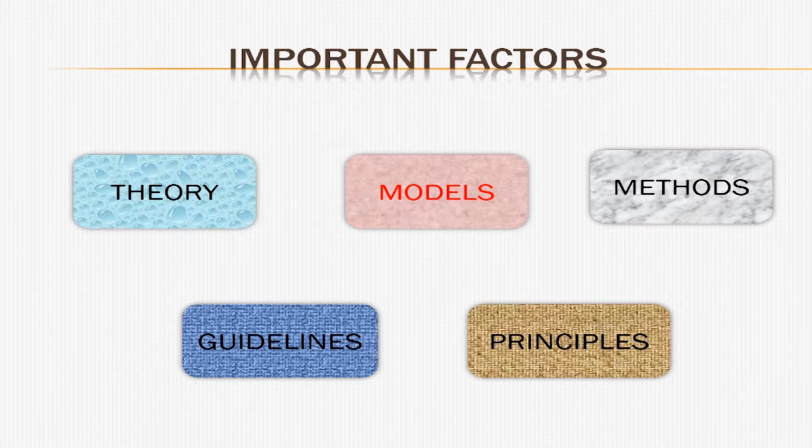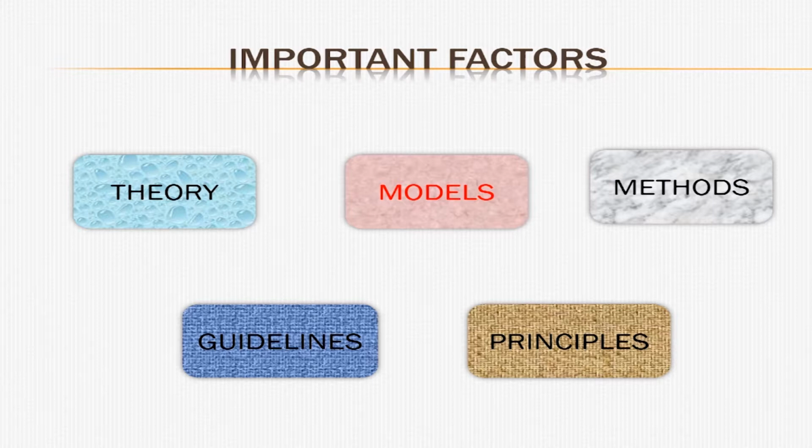Models on which HCI are created have to be used. Methods. These state how HCI will be applied. Guidelines. These guidelines are stipulated and have to be followed in the use of HCI. Principles. Here we have to learn and understand the basic principles and then apply them.